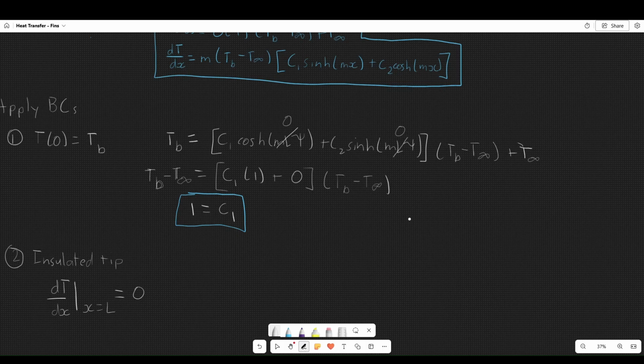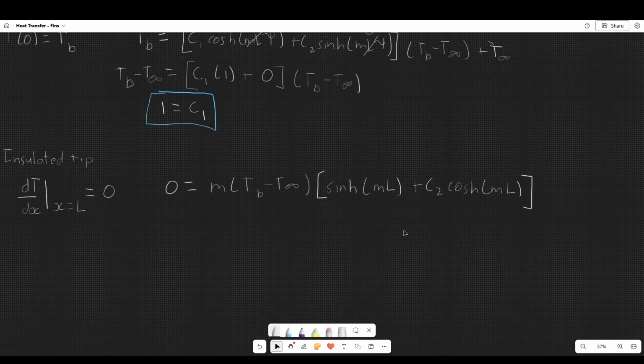So we have that 0 equals m times (T_b minus T infinity). We know that C1 is 0, and so I can write this as sinh(mL) plus C2 cosh(mL). All of that basically equals 0.